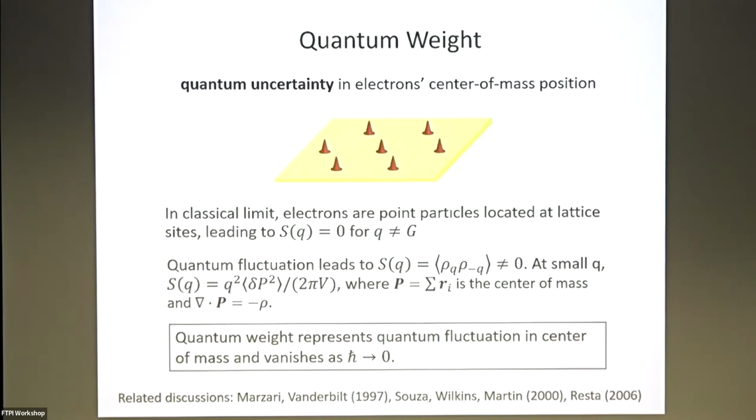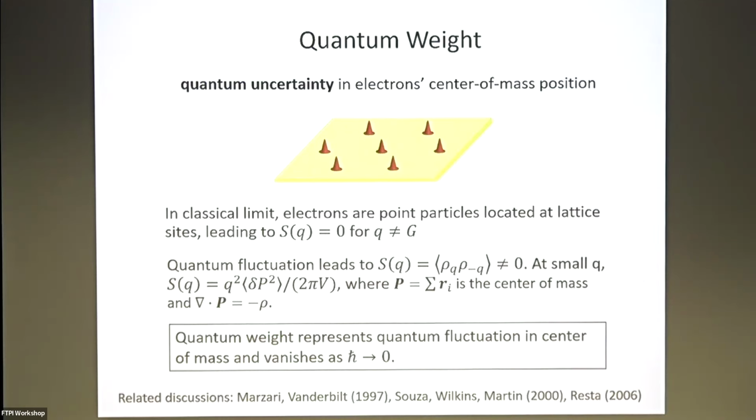But because of quantum fluctuations, each electron has some uncertainty in its position, and therefore that leads to the structure factor generally being non-zero. And the q squared coefficient of the structure factor is precisely just the center of mass uncertainty. Delta R is the center of mass position of all the electrons, and delta R squared is just the uncertainty in the center of mass. So therefore, this quantum weight really represents quantum fluctuation of the center of mass, and it vanishes in the classical limit, h bar going to 0.